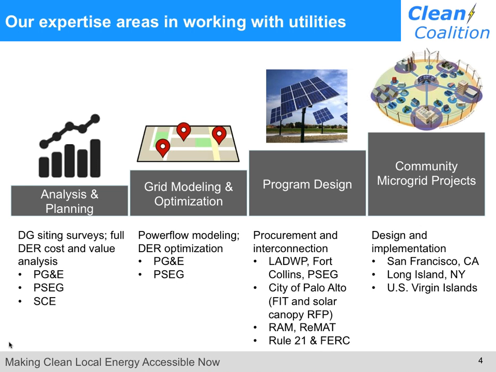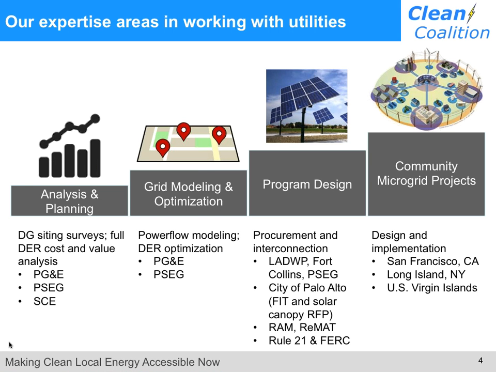As John mentioned, the Clean Coalition's mission is to accelerate the transition to renewable energy and a modern grid through technical, policy, and project development expertise. And today we're going to be going into the project development side of the Clean Coalition efforts.